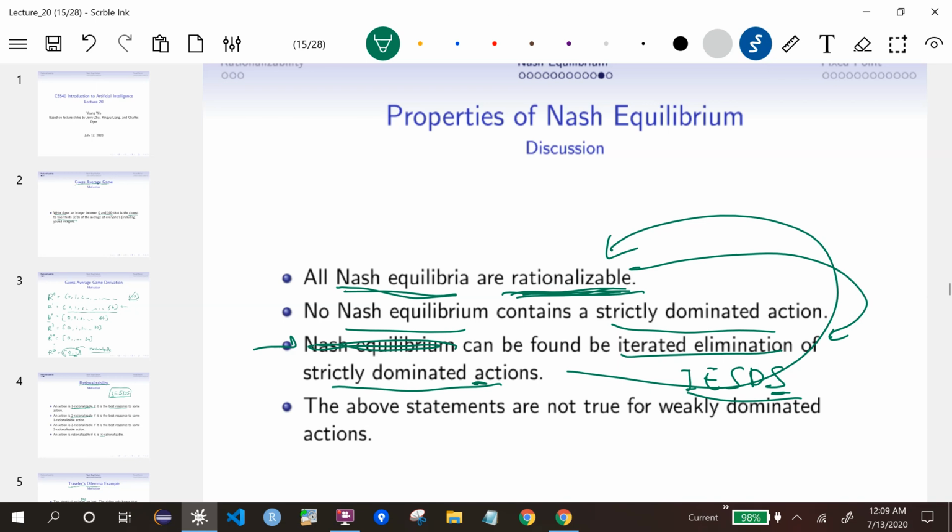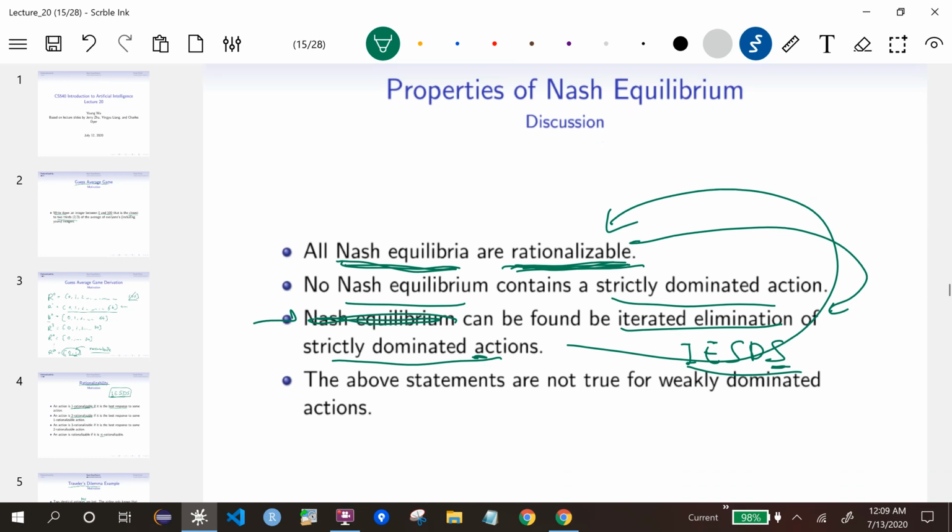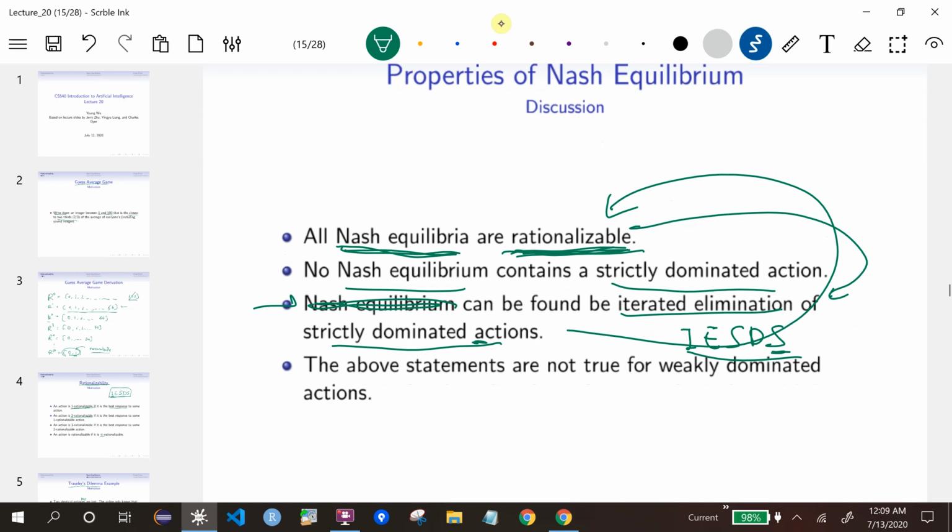So again, we can use iterative elimination of strictly dominant actions to find the set of rationalizable actions. And since the Nash equilibrium is a subset, if there's only one thing left, then it must be the Nash equilibrium. But otherwise, it's a larger set than the set of Nash equilibria. And the important thing here is the above statement is not true for weakly dominant actions.